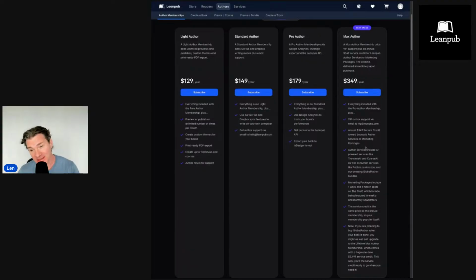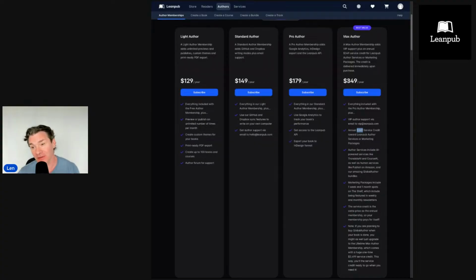One of the reasons is that if you pay $349, you get the Max Author membership, but you also get an annual $349 service credit towards using these services. So if you use them all, you get $349 worth of these services for your $349.